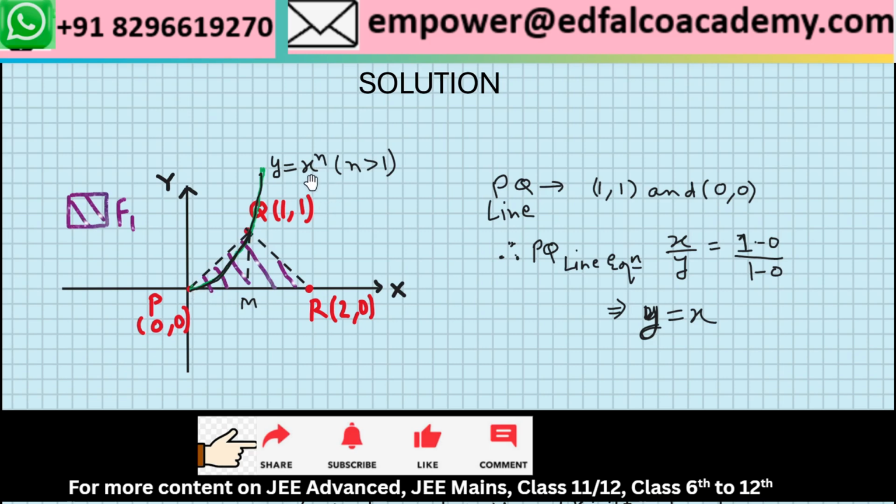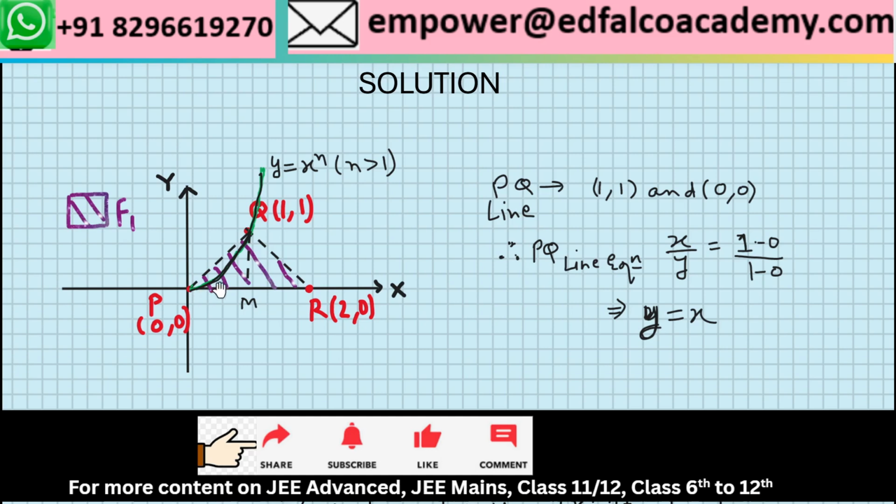And if it was n less than 1, which means lying between 0 and 1, then it would have gone like this, from the top of PQ, or on or above PQ, as I'm showing. But all the curves which have n greater than 1 lie below, in this form as I am showing in this graph.